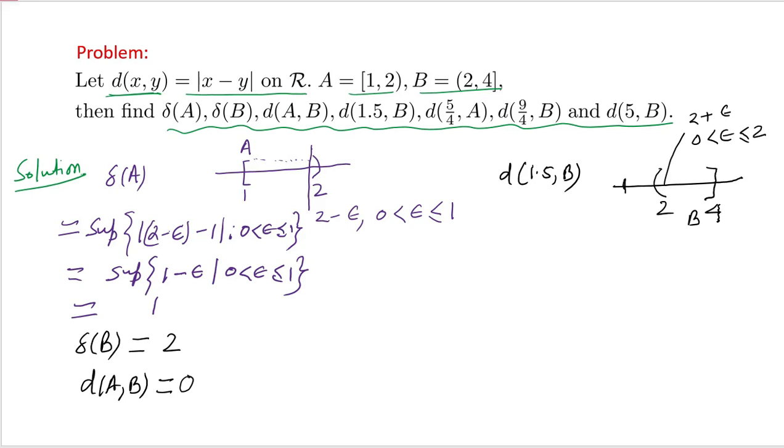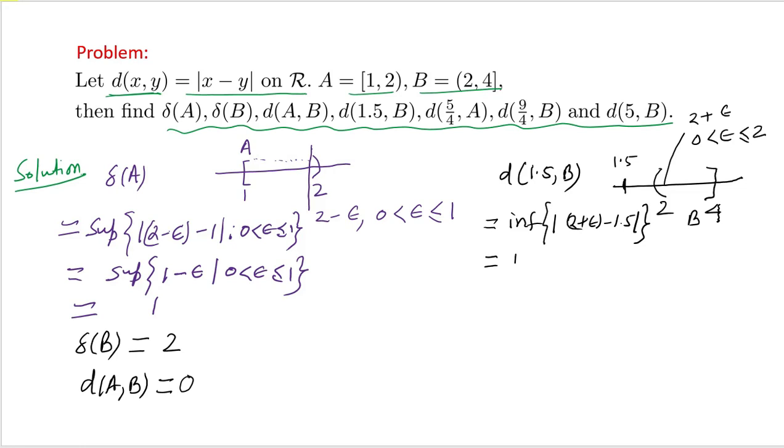Now 1.5 could be somewhere here, and because B is an interval, again we can see it as the difference between 2 plus epsilon and 1.5, where certainly epsilon has that range between 0 and 2.